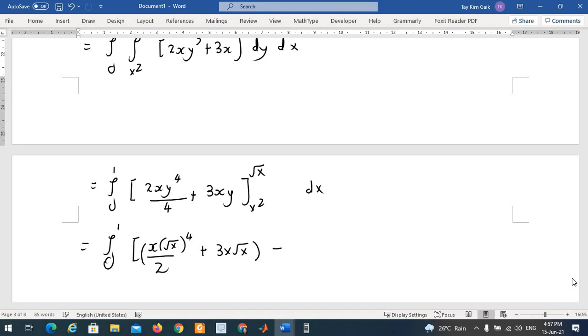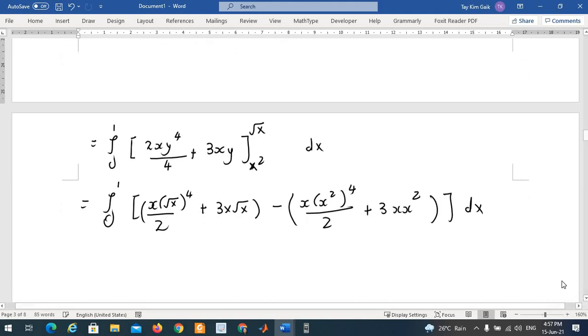Minus the substitution of the lower limit, which is y equals x squared. Same here, x squared to the power 4 by 2, and 3x times x squared. So yes, the lower limit. Lastly, integrate with respect to x. So square root of x to the power 4, you have x squared times x, so you have x cubed over 2.